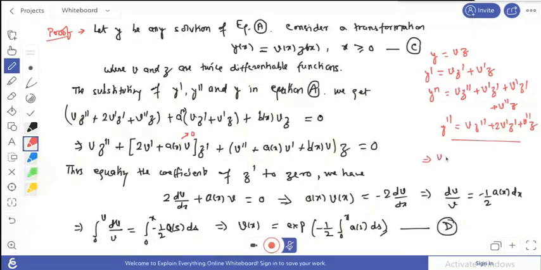This is z double prime plus a(x) v prime plus b(x) v times z equals 0. If this coefficient is 0, the equation reduces to this form. If we divide by v, this is z double prime plus something which is a function of x, because all are functions of x here.